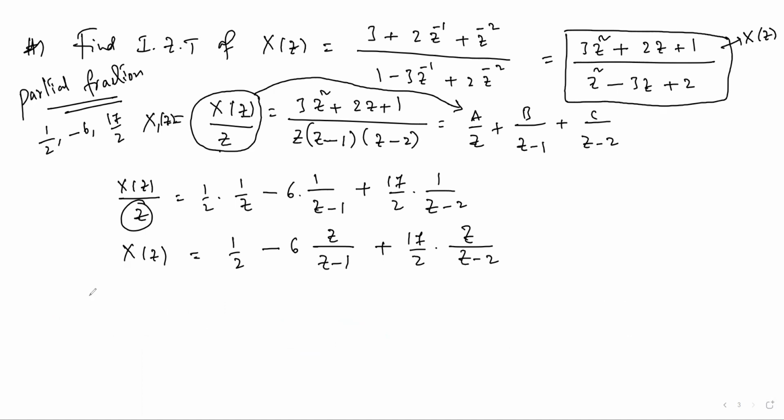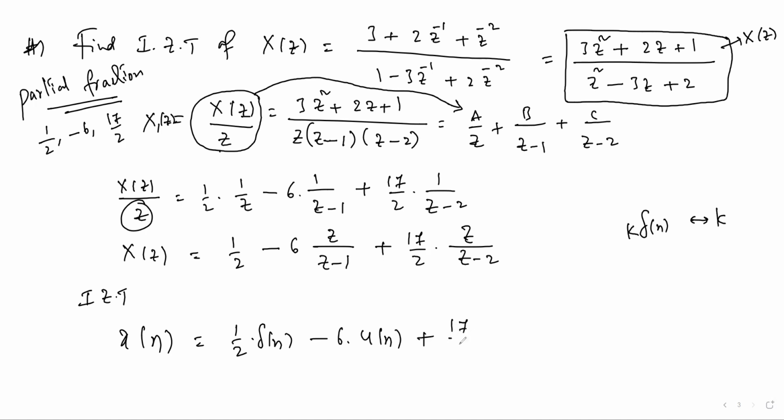Inverse Z transform is x of n. Constant's inverse Z transform is the delta function multiplied by that constant. 1 by 2 delta of n, minus 6 u of n, plus 17 by 2 times 2 to the power of n u of n.